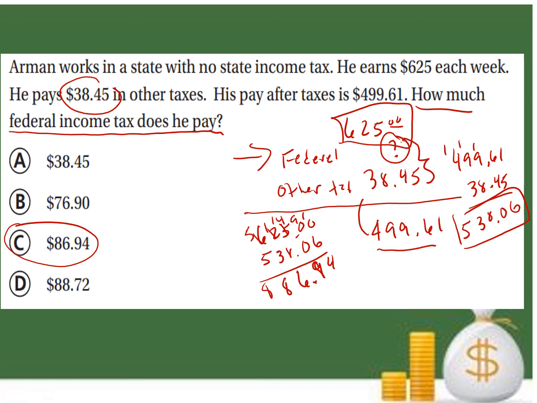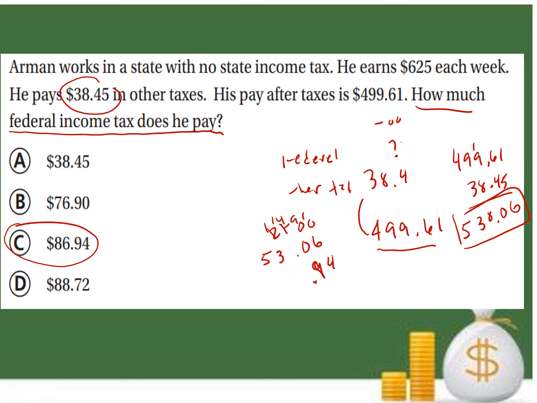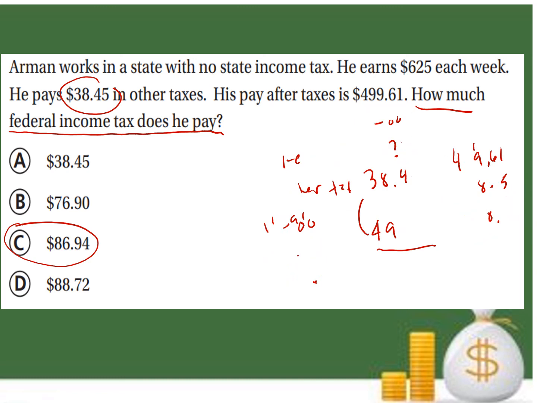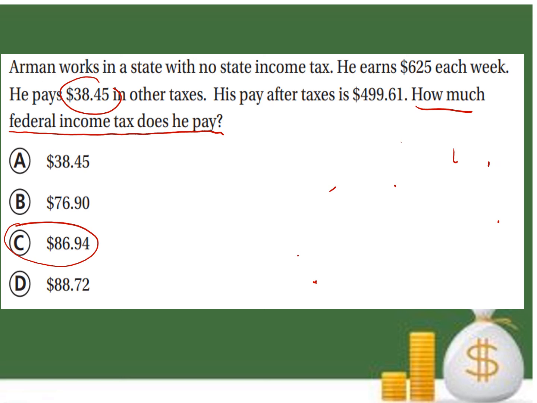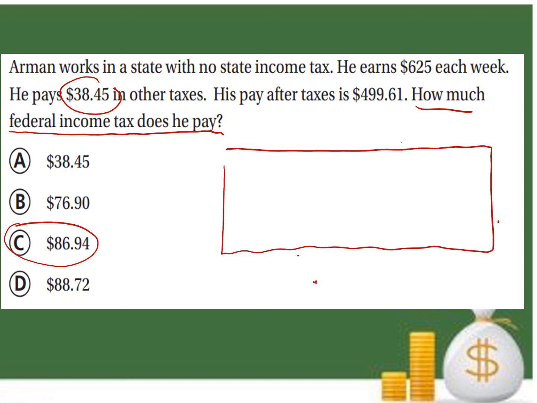All right. Another way to look at this, because I have spent a lot of time talking about finding the missing part in strip diagrams, we can also look at this as a strip diagram problem. So I take my strip diagram. I know his total was $625, and there are 3 pieces.